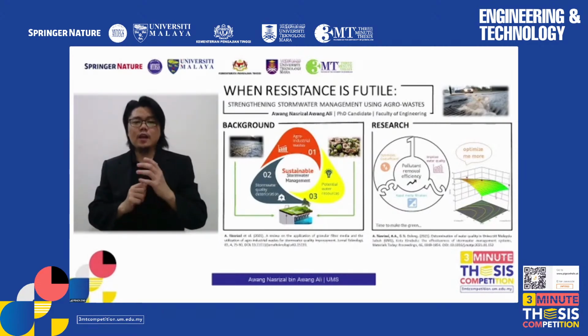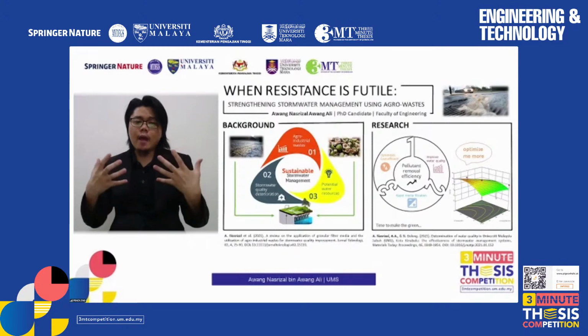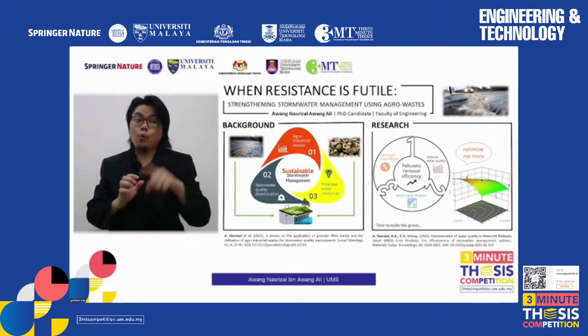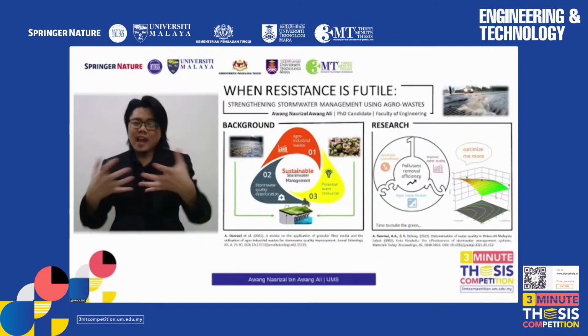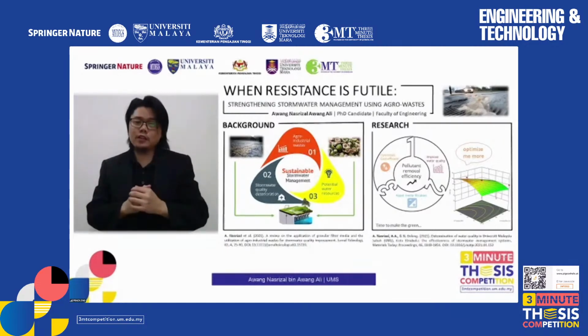Last but not least, this agro-based filter media would be able to treat the stormwater when optimized based on the filter configuration, loading rate, and pollutant concentration, achieving the aim of cost efficiency, which is also in line with the national agenda of promoting sustainable development, particularly in water resources management. My name is Awang Nasrizal from the Faculty of Engineering UMS. Thank you for listening.